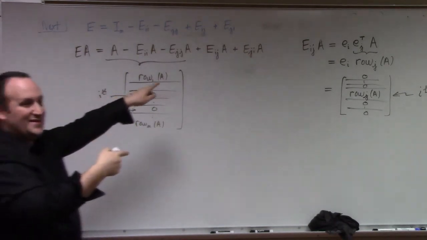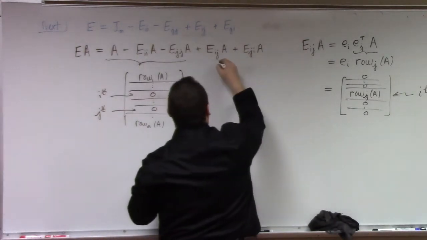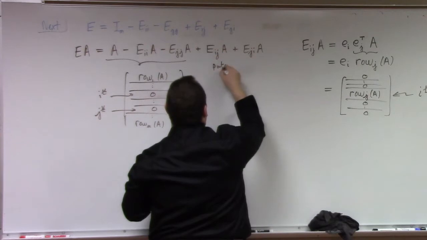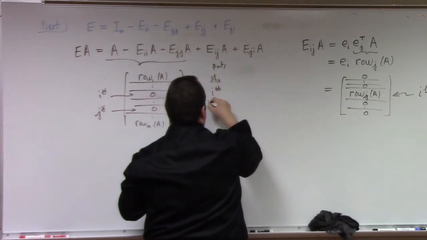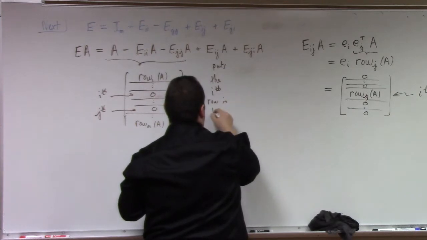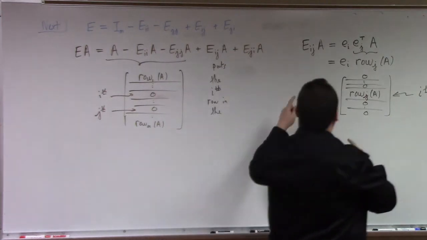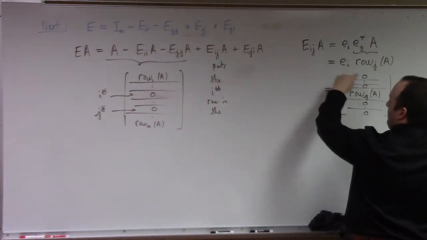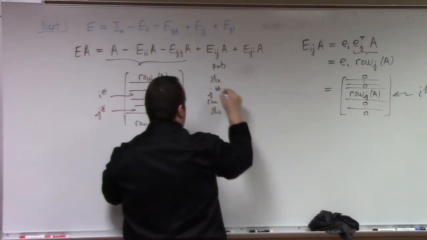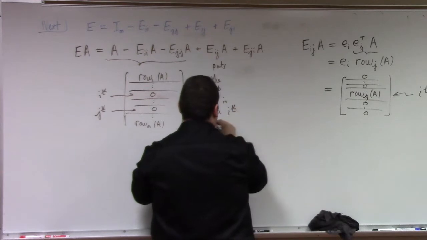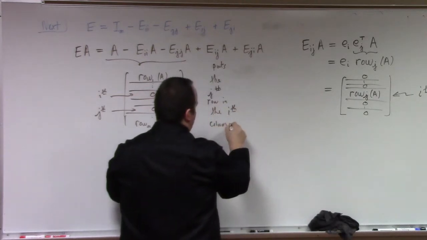Then what does this do? This puts the ith row, in the what? Oh, other way around, right? It puts the jth row in the ith row. And what does this do?